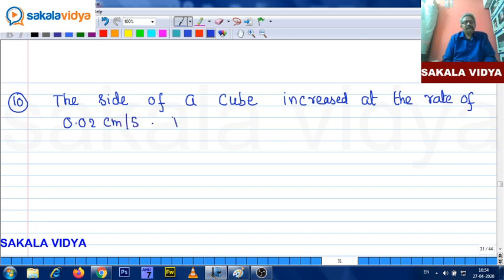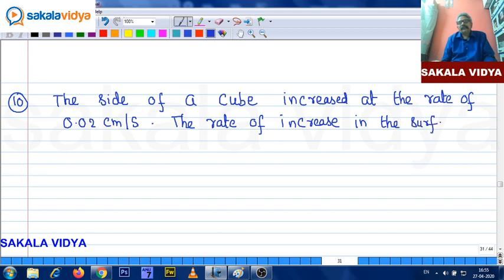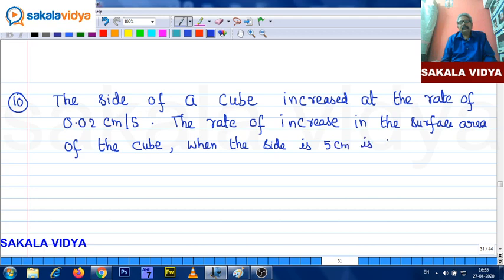The rate of increase in the surface area of the cube, when the side is 5 centimeter is, this is the question.